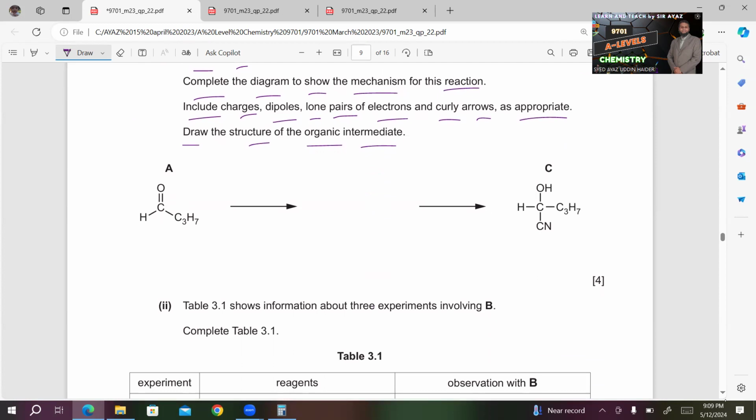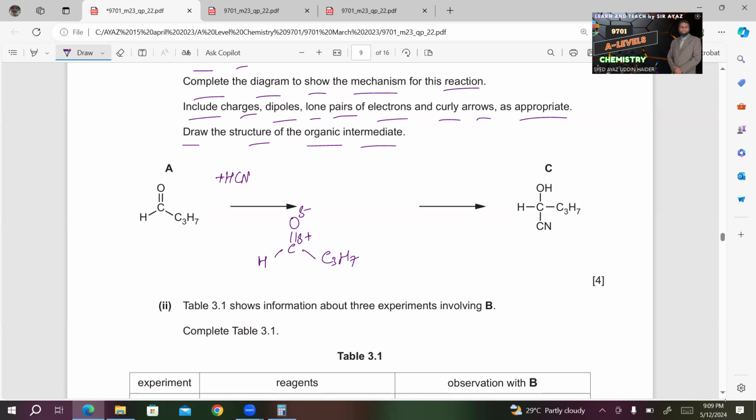So we must be getting a CN negative charge and H positive ion from HCN. So we are reacting with HCN. So it must be like this. O, C, H, C3H7. Oxygen being more electronegative will acquire partial negative charge, and carbon acquire partial positive charge.